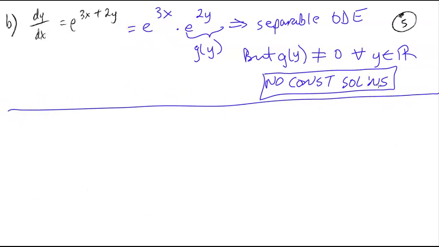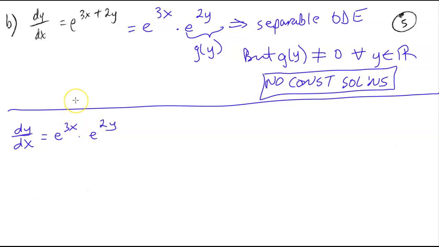So now that we have determined that, we're going to look for non-constant solutions at this point. Okay. So here I'm going to say that dy over dx is equal to what we have here.